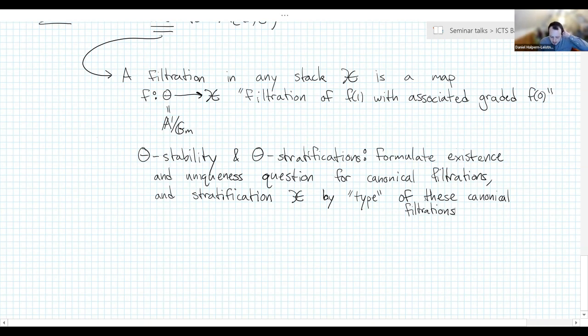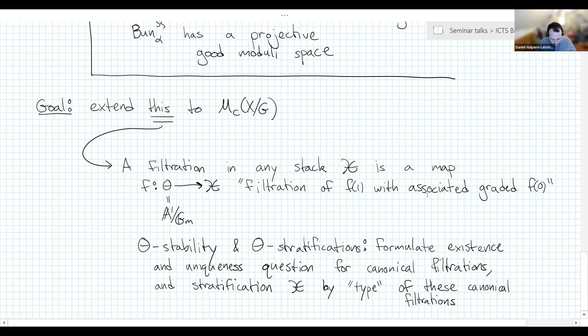So this is a general theory, and this is not a talk about the general theory, so I'm not going to get into it. What I'm going to do is translate what it says in this case.